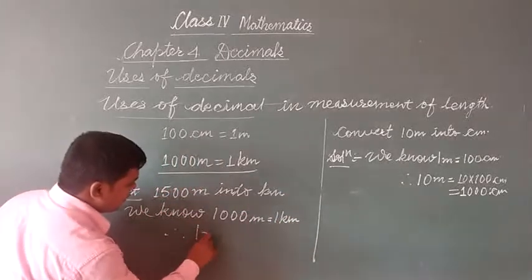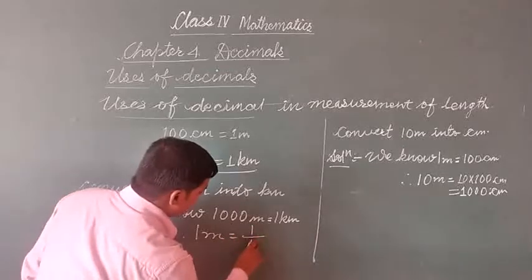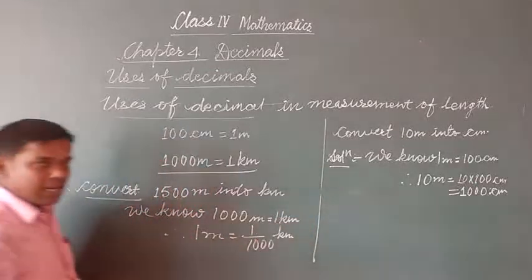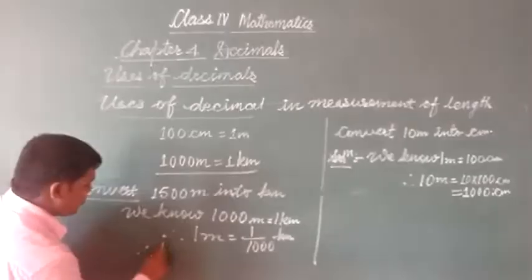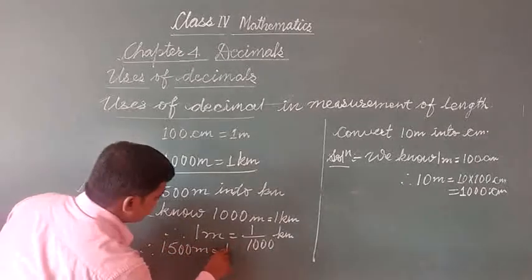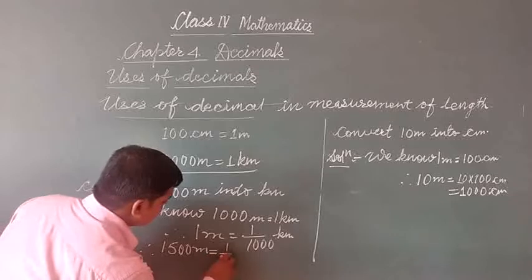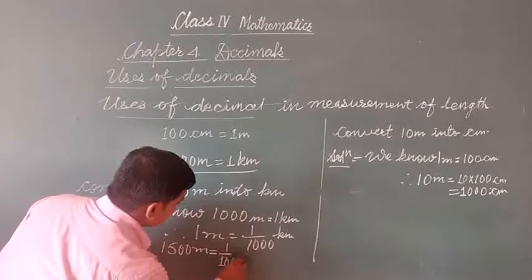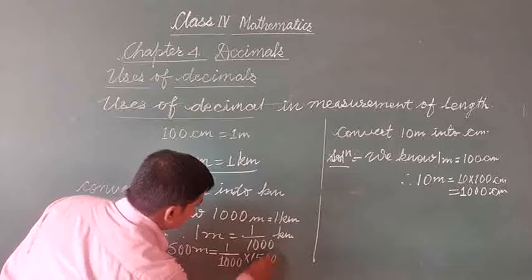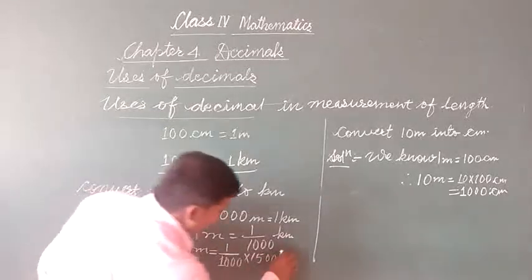Therefore 1 meter is equal to 1 by 1000 kilometer, and therefore 1500 meter is equal to 1 by 1000 multiplied by 1500 kilometers.